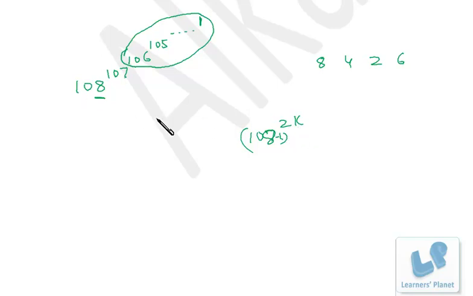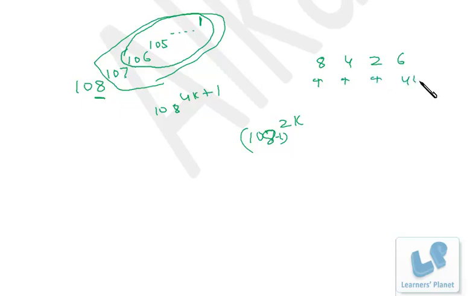So that means it is 108 raised to 4k plus 1 format. This is 4k plus 2, 4k plus 3 and this is 4k format.